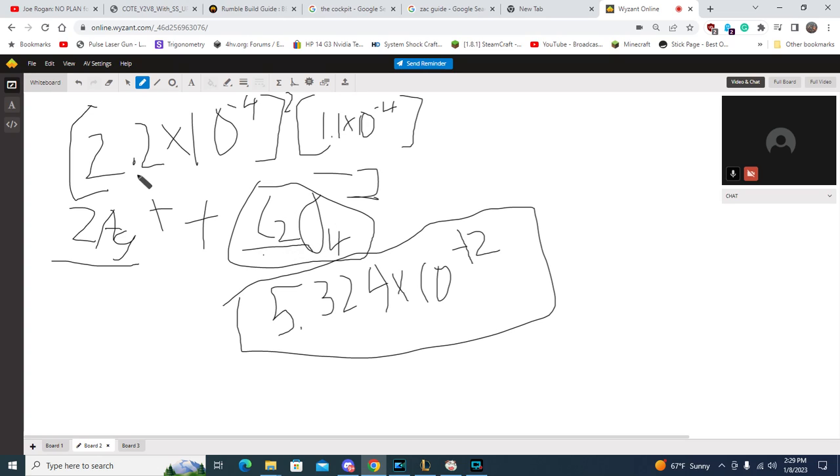So we take those, we divide this concentration by 2, which gives us 1.1 times 10 to the -4th. The coefficient becomes a square, and then we run this through. We multiply to get our answer, which is 5.324 times 10 to the -12th.